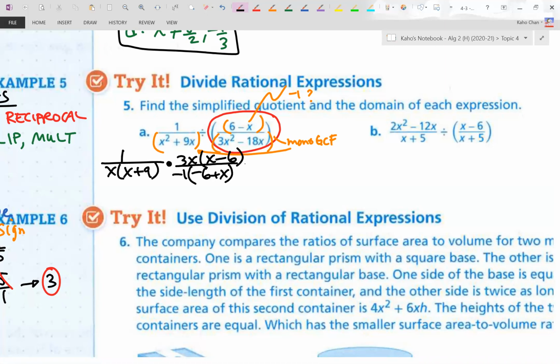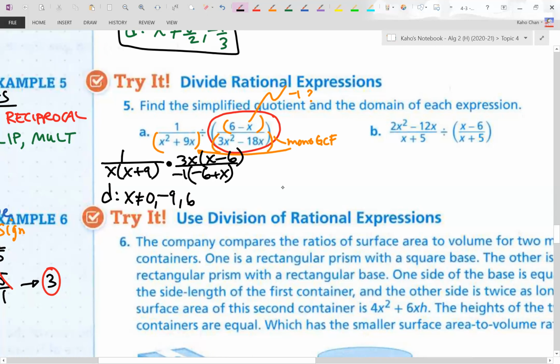The domain is all real numbers except x cannot equal 0, -9, and +6. That's based off of these factors in the denominator before I even reduce anything. So there's your 0, there's your -9, and there's your +6, which will make it 0 in the denominator. That's why those are not part of the domain.